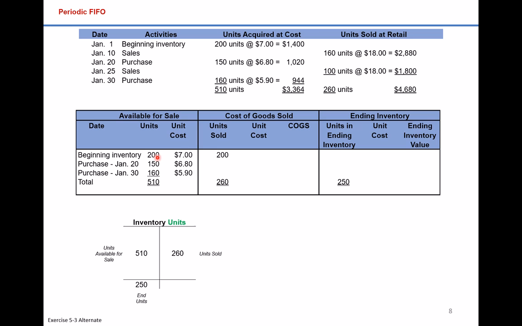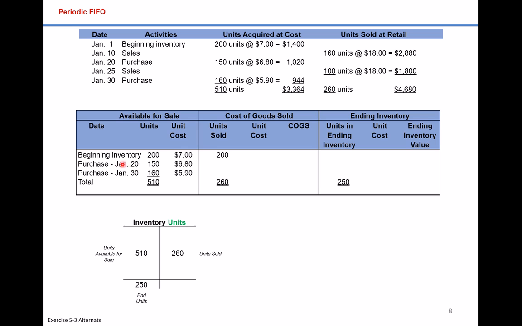So those are the first costs that we're going to get rid of. We're looking to assign 260 units of cost, but there were only 200 available, so we're going to use up all 200 of those. But have we assigned all of the cost? No, because we sold 260, we're taking out 200, so how many are we still looking for then? Well, we're still looking for another 60.